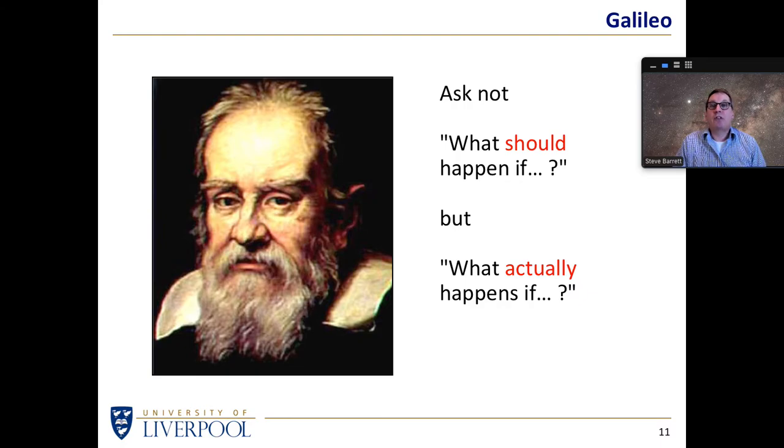You shouldn't ask what you think ought to happen. You should actually do an experiment and find out what actually happens. So in a sense, Galileo was the first experimental physicist who said, rather than come up with simple intellectual arguments, you should find out the actual answer.